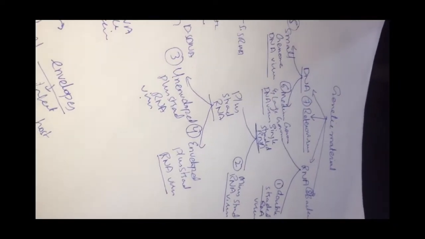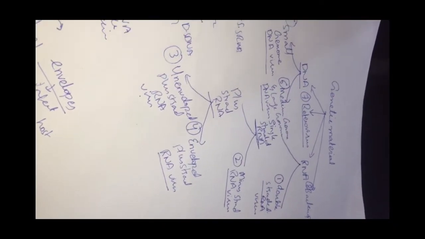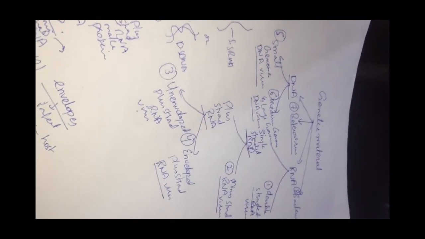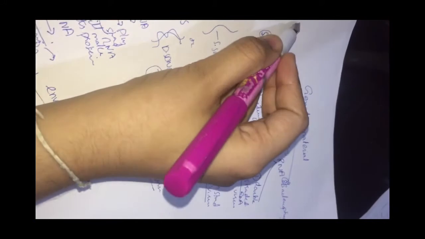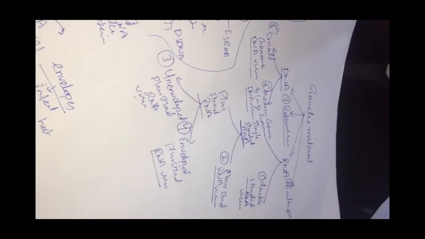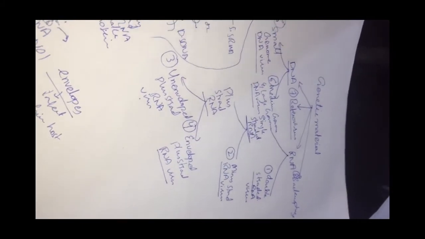Okay, so this is all about the classification of viruses. Now let's study the characteristics of these 8 main categories. We are done classifying the viruses, and you can even note this flowchart and make it in your exams.